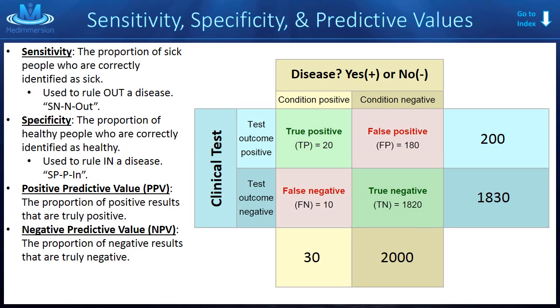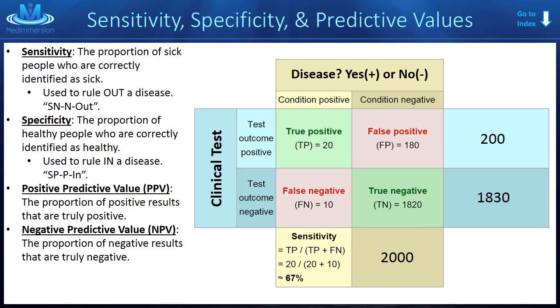It is the ability of a test to detect a disease when there actually is a disease present. We calculate this number by dividing the true positives over the total number of those who had confirmed disease or who definitely have the disease. So in this case, it would be 20 divided by 30, which would give you about 67% if you round up.